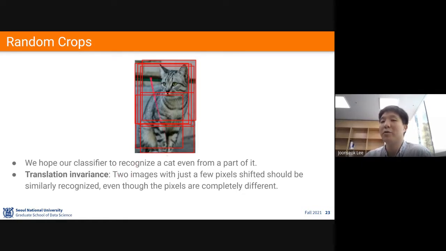And we still know that this entire image is about a cat. So we can randomly crop different parts of the image, and actually we can use all of them as teaching materials. Two images with just a few pixels shifted should be similarly recognized. So not just a few pixels, but we can take randomly different parts of the image.